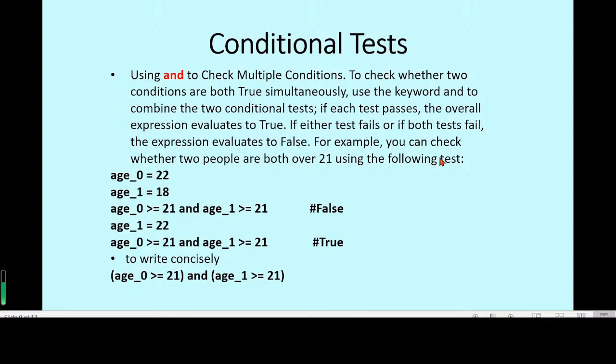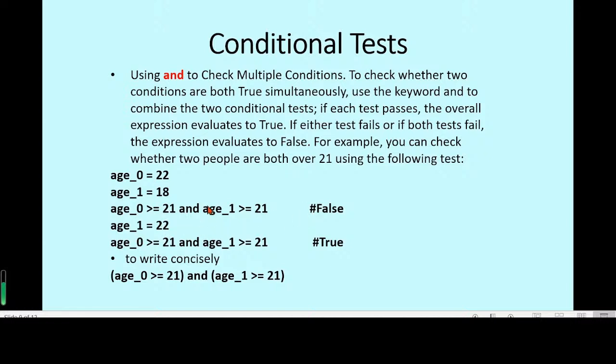For example, you can check whether two people are both over 21 using the following tests. These two people have ages 22 and 18. We can test if this age is larger than or equal to 21 and this one is also older than 21.